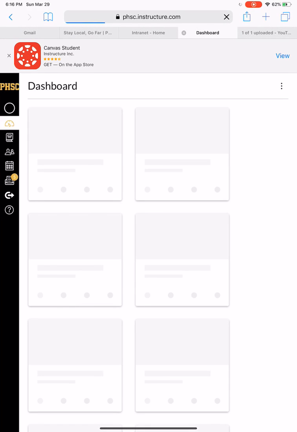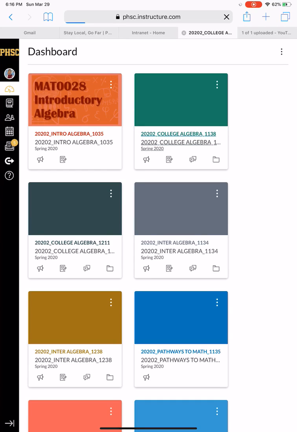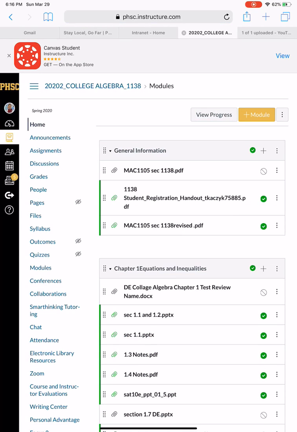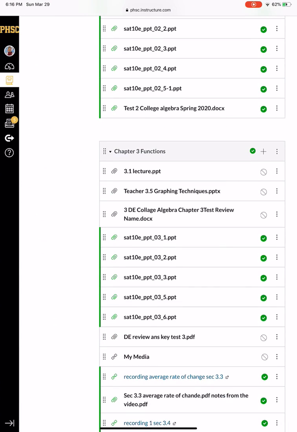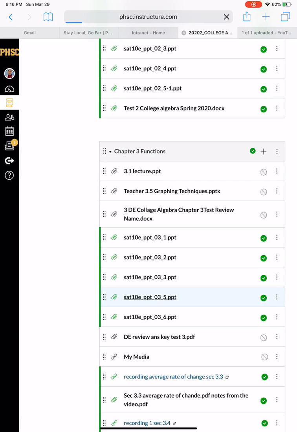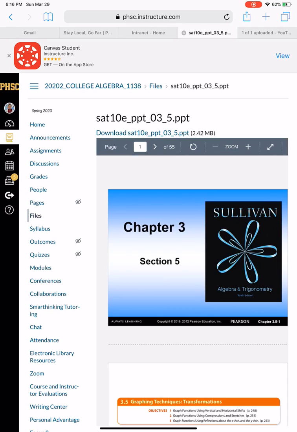Okay, so I'm going to the PowerPoint section. This is section 3.5, and technically, if you know the material, you can view entire PowerPoint from section 3.5 right here. And I want to talk about the slide 17.